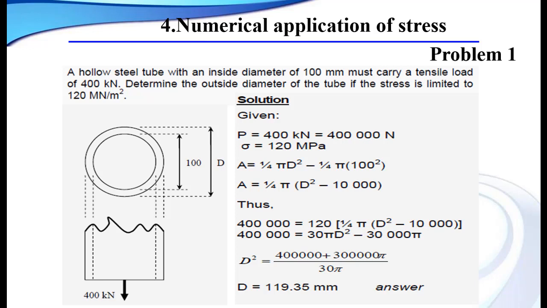Then the area shall be the area due to external diameter minus the area due to internal diameter, because it is a hollow steel tube. This implies a quarter pi d square minus a quarter pi d square. The first d is for the external diameter, the second d is for internal diameter, which is 100 millimeters.